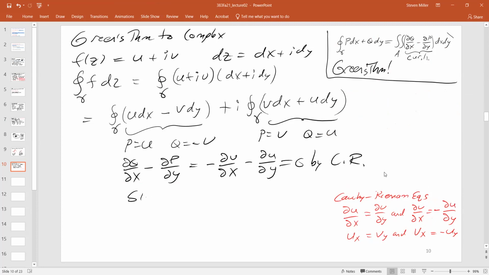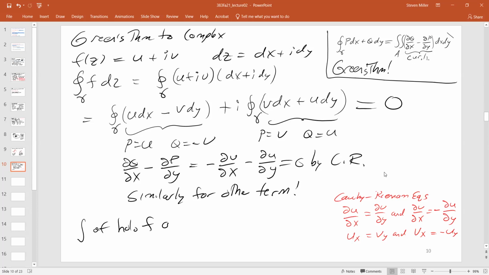And similarly for the other ones. So we basically get that the integral of f along a closed curve is 0, if f is holomorphic. So the integral of holomorphic f on a closed curve is 0.